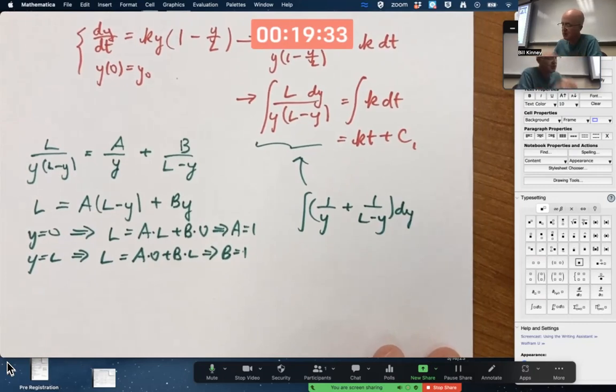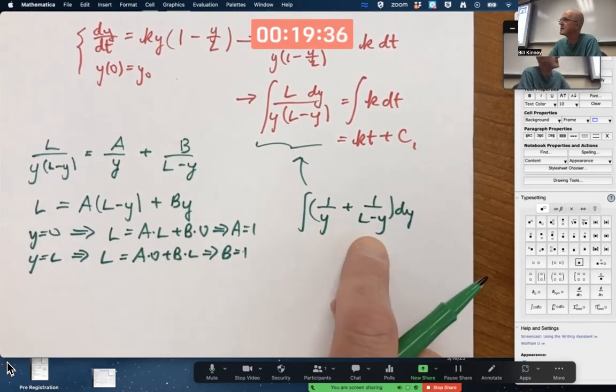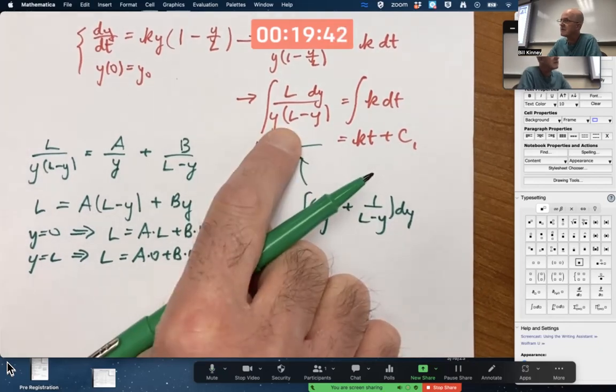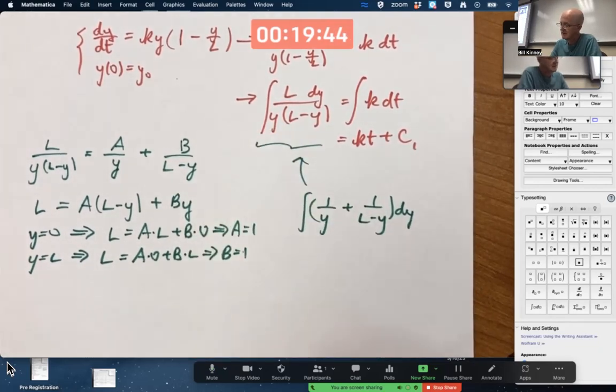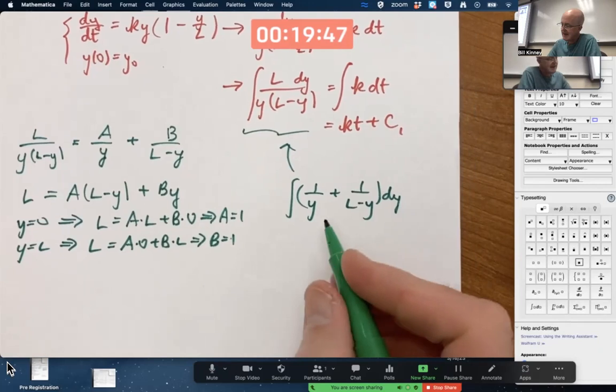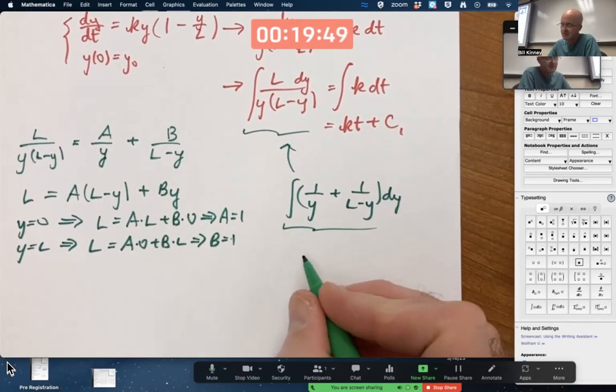As a way to check it, you could always add these fractions and simplify. And if you do, you can check it. You will get this function here. And this integral is easy to do.